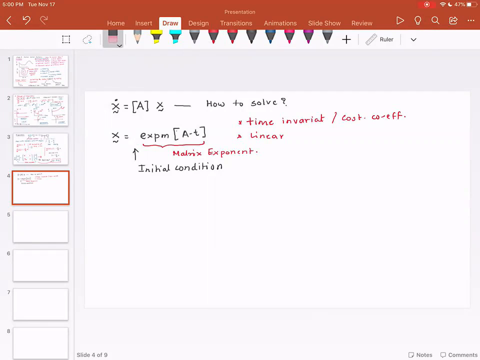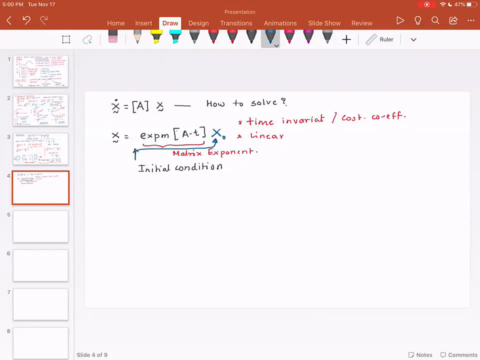Usually, since it's a matrix vector, this term is usually here. So this is the initial condition. And that is how the problem can be solved.